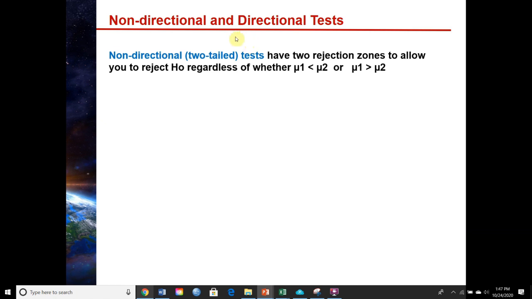Let's say mu1, remember you're testing sample means, right? But we always phrase our hypotheses in terms of the parameters because that's really what we're interested in.